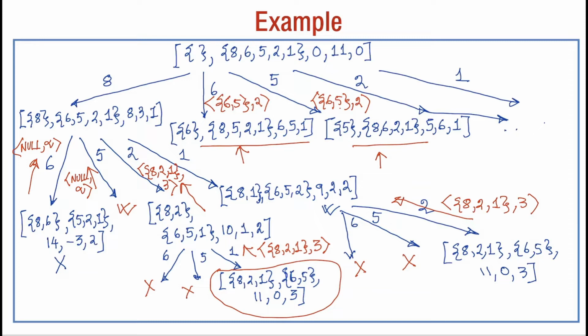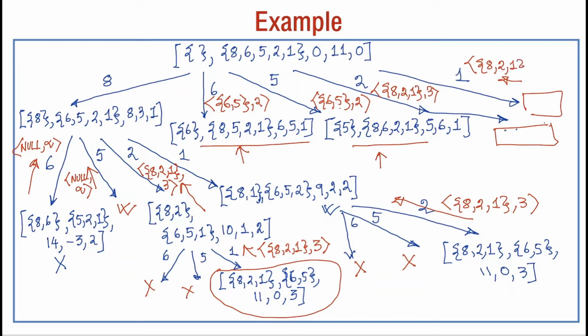From this case, you will get the same thing again returned, because 2 is chosen, and since 2 is chosen you will again get a solution 8, 2, 1, 3 from here, and from this case you will again get 8, 2.